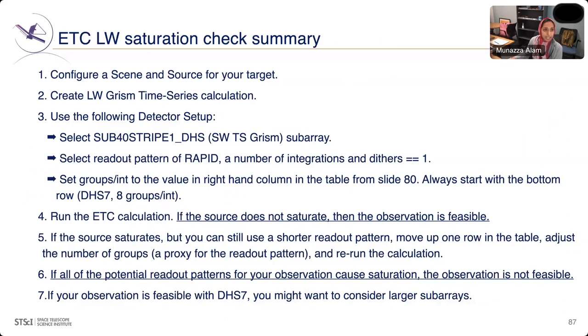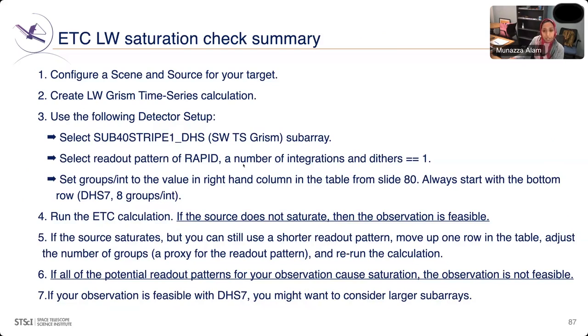So just to recap the strategy for the long wavelength saturation checks in the ETC, we'll want to configure our source and scene for our target. Then we'll set up the long wavelength Grism time series calculation. For the detector setup, we'll select the smallest subarray, in this case the SUB40 stripe 1 short-wavelength Grism subarray.